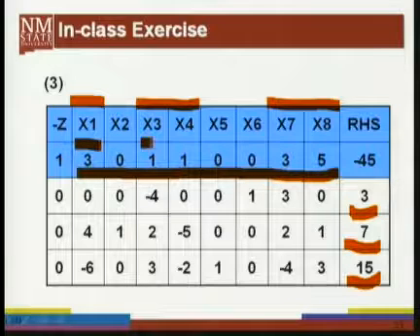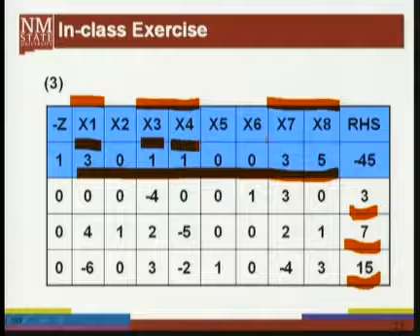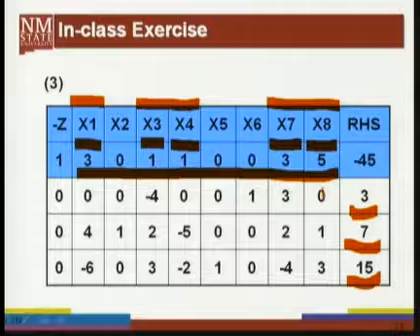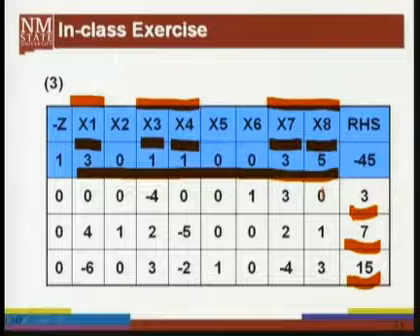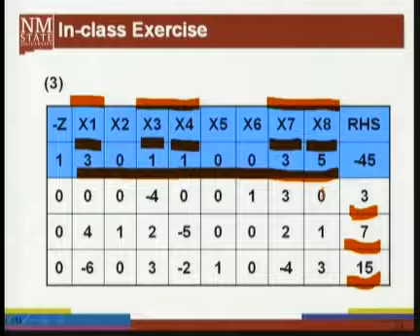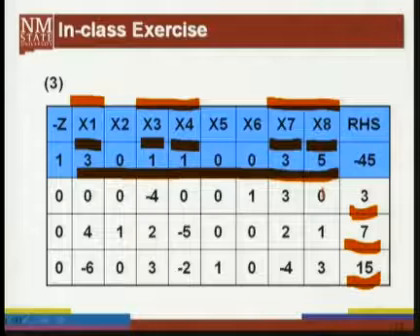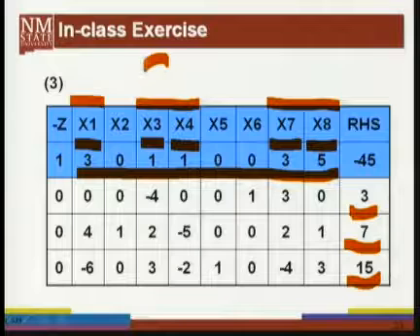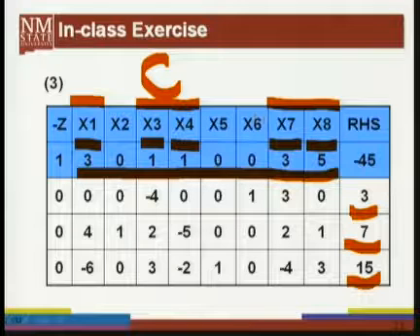And all the reduced costs for these non-basic variables are positive numbers. So this is the unique optimum, which is C. Is that right?